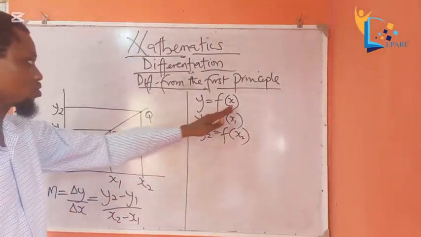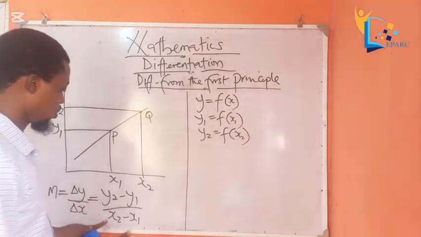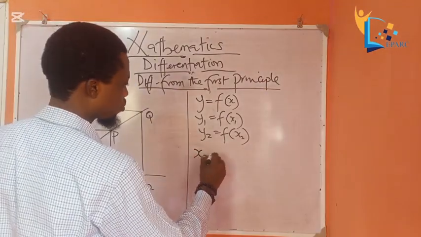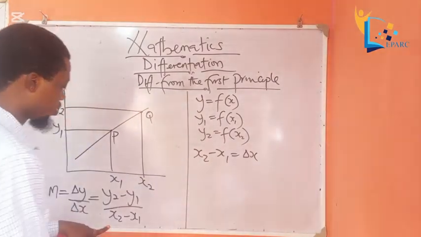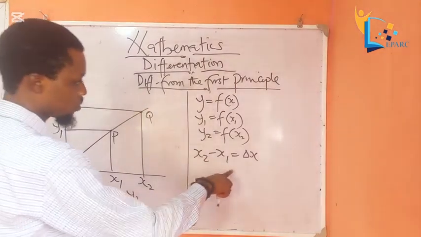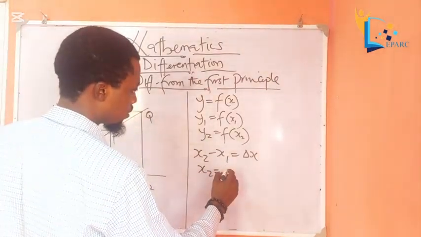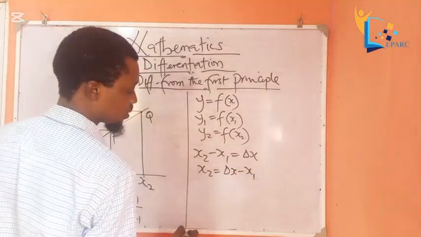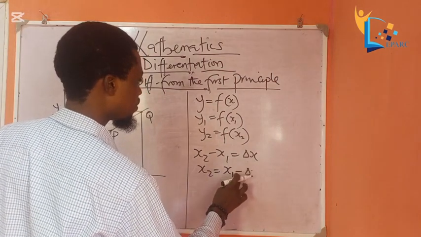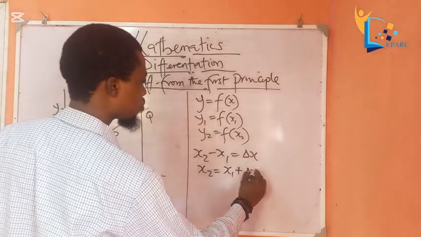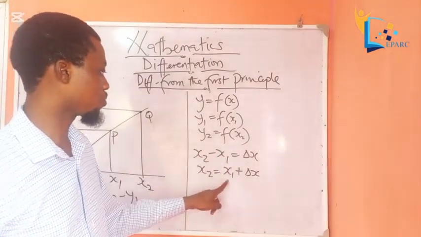So the difference X2 minus X1 is the same thing as change in X. Therefore, if we substitute, let's make X2 the subject of the formula: X2 is equal to X1 plus change in X. Are we together? Make this one the subject of the formula, then cross multiply, and we have plus here.